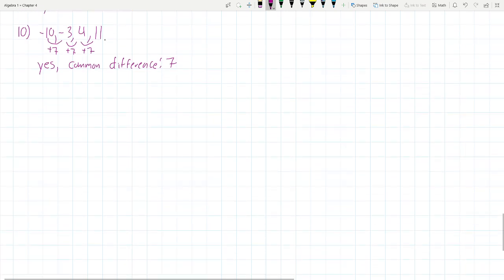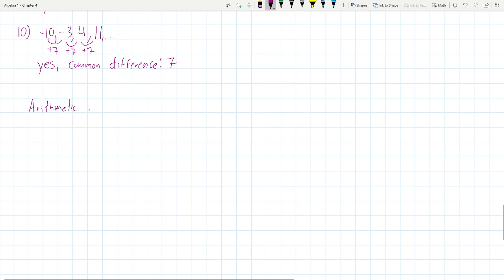Now, this is nice whenever we're talking about the first 4 terms. But what if I wanted you to find the 10th term or the 50th term? You'd have to count out that far. So there's an equation that we can use for writing an arithmetic sequence.